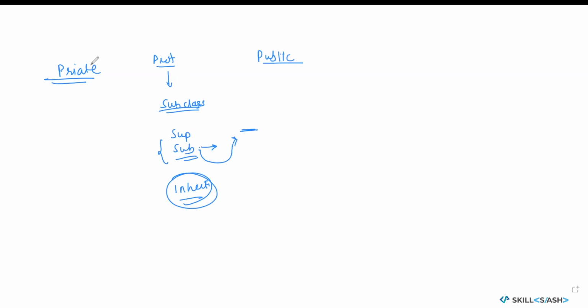Now, what is a private access specifier? Private access specifiers are those that can be used only within the class.